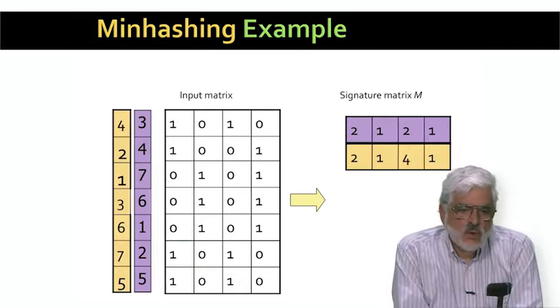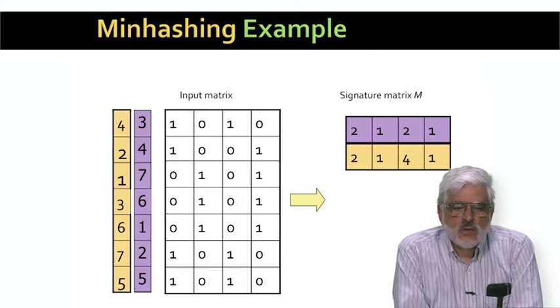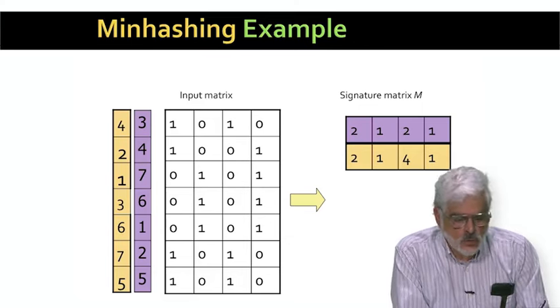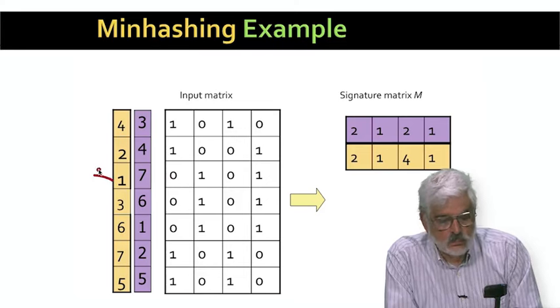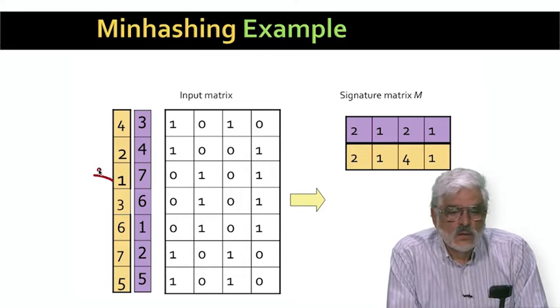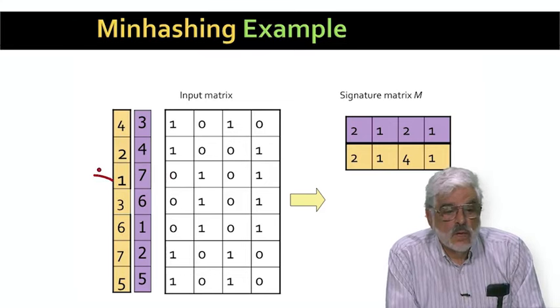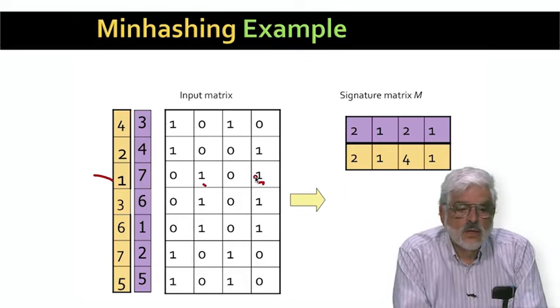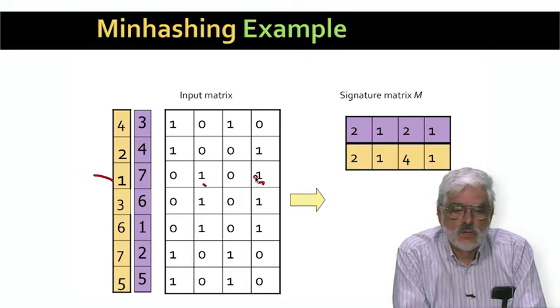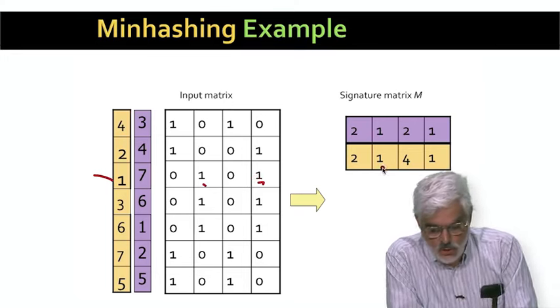Here's the second, quote, random permutation and its resulting row of the signature matrix. In this permutation, row 3 comes first. It has a 1 in the second and fourth column, so the second row of the signature matrix gets 1 in those columns.